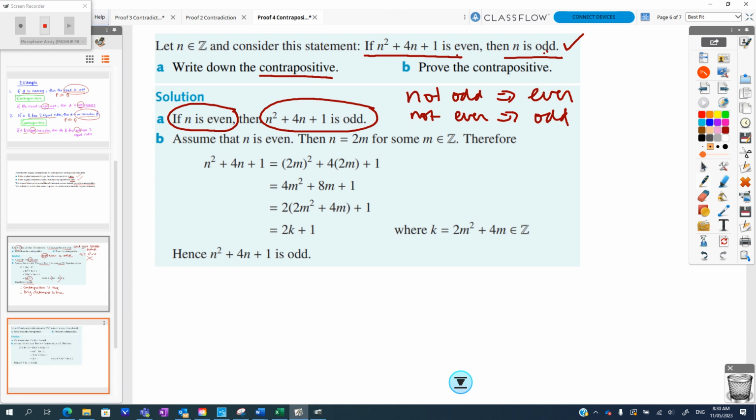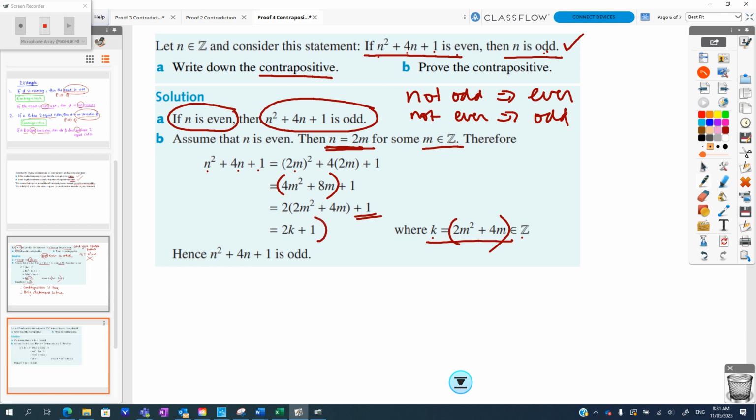So again, if it's an even number, we just say 2m, where m is a whole number. Then we have n squared plus 4n plus 1, so we square n, 4 times n, plus 1, multiply out, and we end up with this expression, which is 2 times something, where k equals that 2m plus something, so k is an element of the whole numbers.